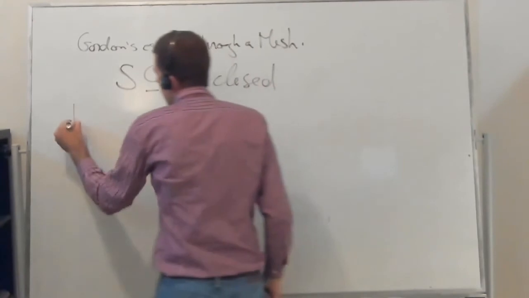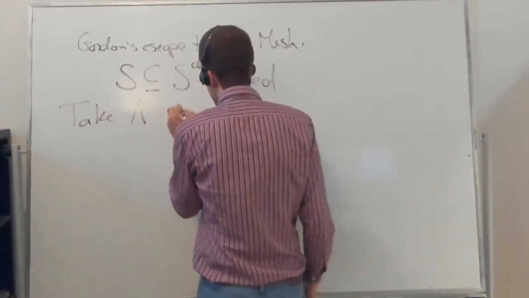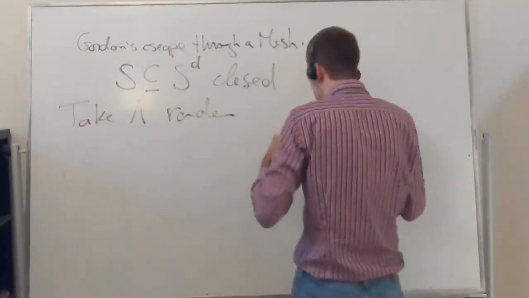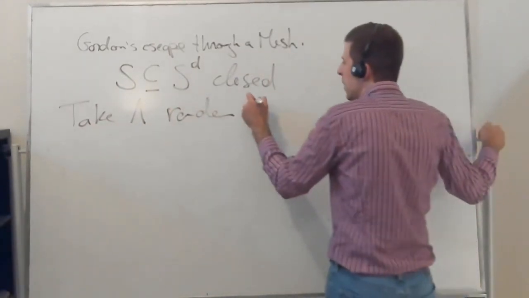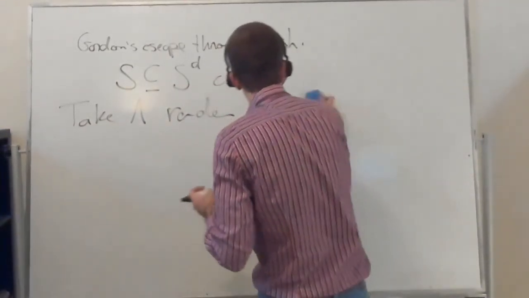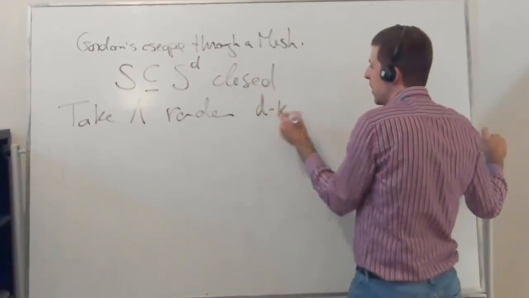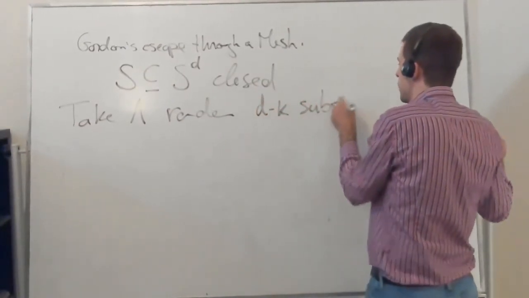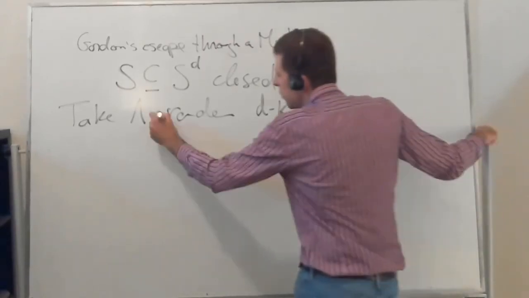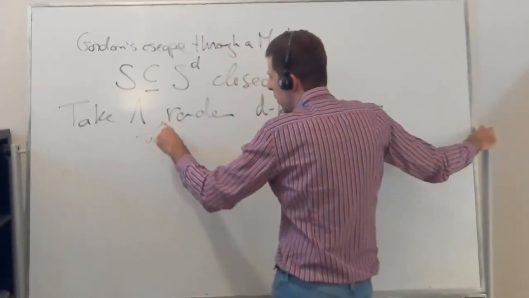Then take a completely uniformly random subspace of dimension d minus k, uniformly over all subspaces, over the Grassmannian manifold.